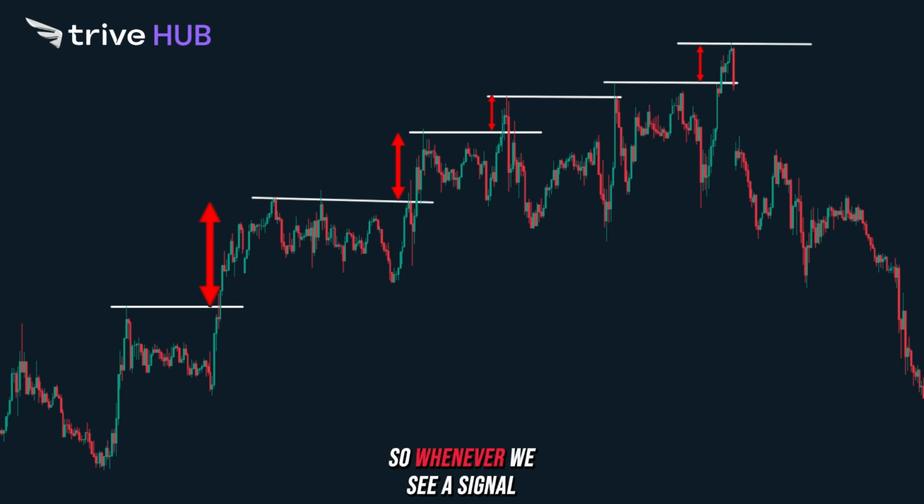Whenever we see a signal of thrusts increasing, you can take entries in the direction of the original trend. If you see that subsequent thrusts are declining, meaning the momentum is declining, you can avoid taking entries in those weak trends.